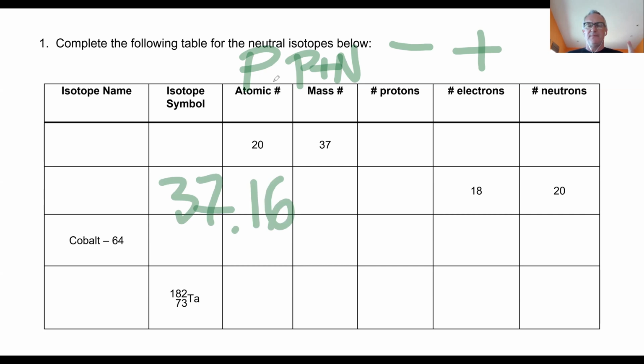Now, if the atomic mass of a proton is 1, and the atomic mass of a neutron is 1, how can we have an atomic mass of 37.16?